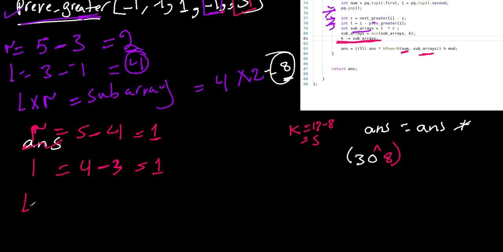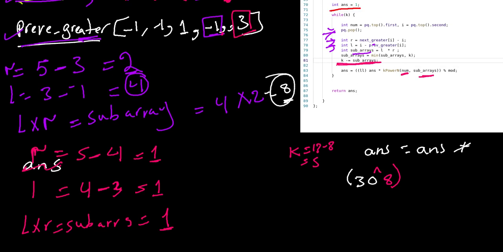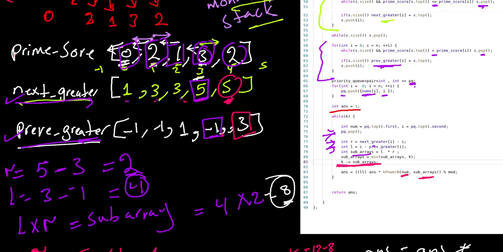So L multiplied by R, which is the number of subarrays, equal 1, and this is true because for this index you can only have this subarray, because if you include any other numbers, it will have a prime score greater than 2.